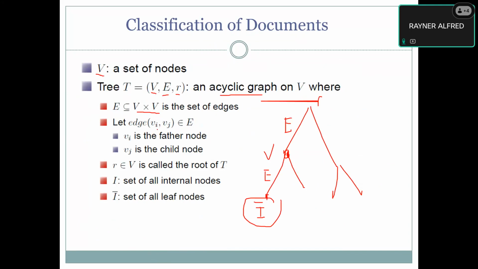So if we have edges Vi to Vj, so Vi is the father, so this is your father, and this is the child node. Okay. So everything here is called the internal nodes, and the last one is the leaf node, which is the class. So this is the definition of the tree.